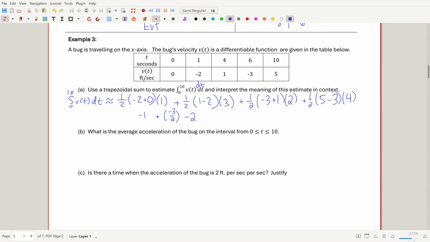And 2 times 2 is 4. So it looks like I have 2, 1, minus 3 halves. Agree? Okay, cool.